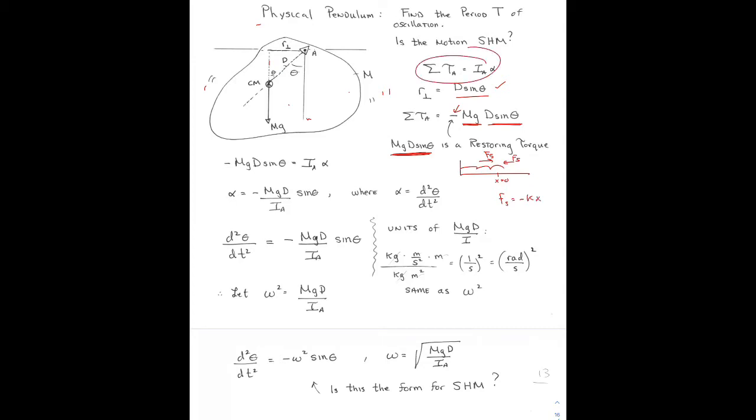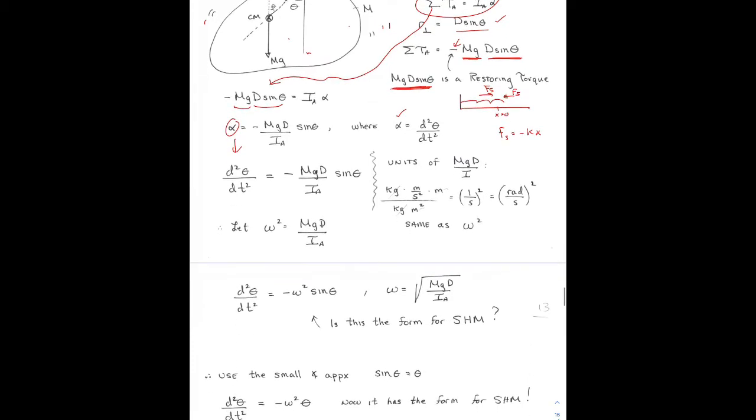So here is Newton's second law: net torque equals I alpha. My net torque is minus force times moment arm, so minus mgd sine theta, and that's equal to I alpha. I'm going to solve this for alpha, so divide both sides by I. Alpha is a second derivative with respect to time of theta, so right there I put in the second derivative. You're going to see a pattern.